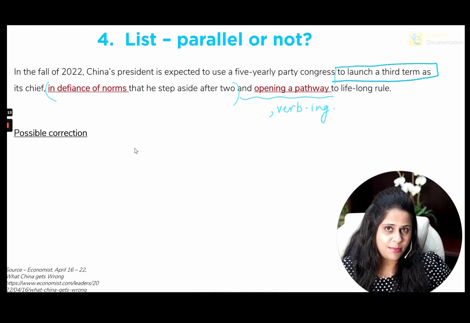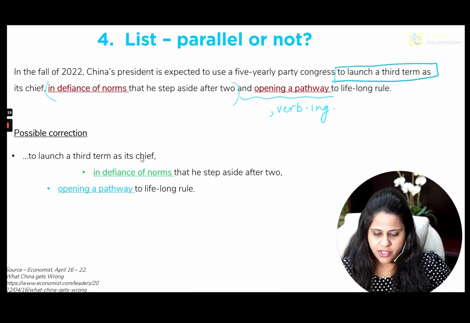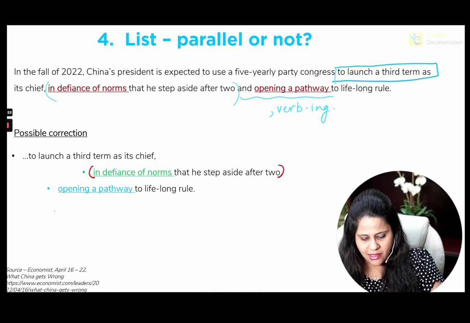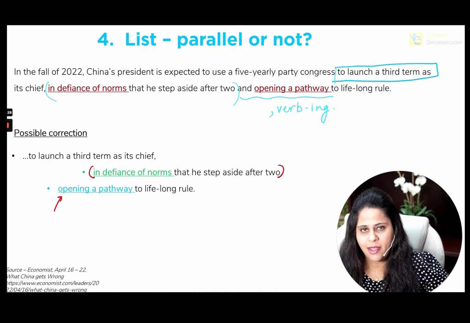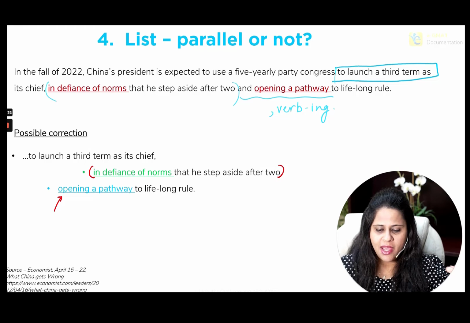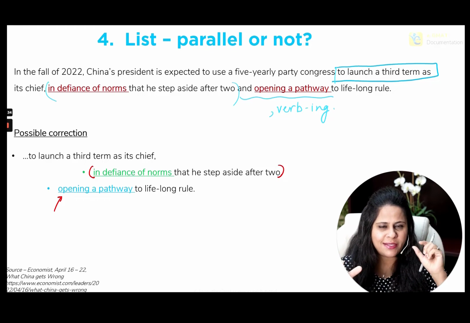So here's a possible correction, okay? To launch a third term as its chief, in defiance of norm, so this is now descriptive information, and this is now verb-ing, which is presenting the result of the initial entity over here. Okay, so that's a way to correct the sentence, a very simple correction, which only requires a little bit of tweaking.